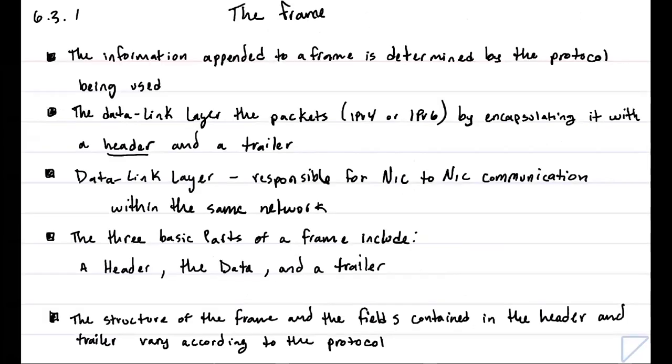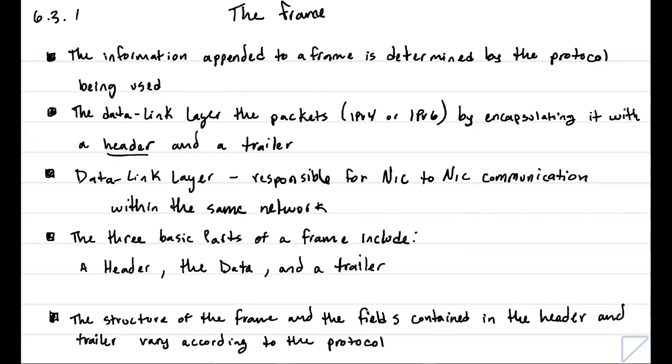All right, so now we're going to talk about the different fields that are located on a frame. And a frame, again, is the envelope that you will get on the data link layer. The information appended to the frame is determined by the protocol being used. Appended to the frame means the label or field, the information that you're going to add to this frame, is determined by whatever protocol you're using at the time.